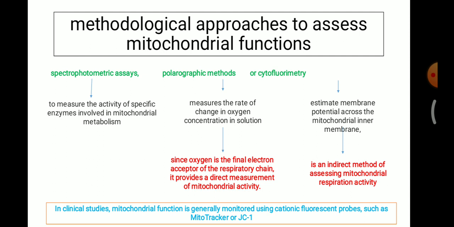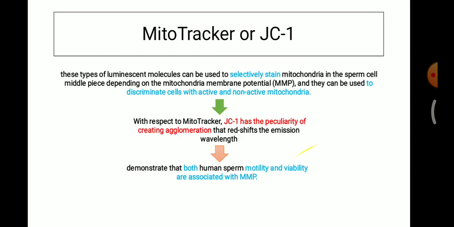In clinical studies, mitochondrial function is generally monitored using cationic fluorescent probes such as MitoTracker or JC1. These luminescent molecules can be used to selectively stain mitochondria in the sperm midpiece, depending on the mitochondrial membrane potential, and they can be used to discriminate cells with active and non-active mitochondria.